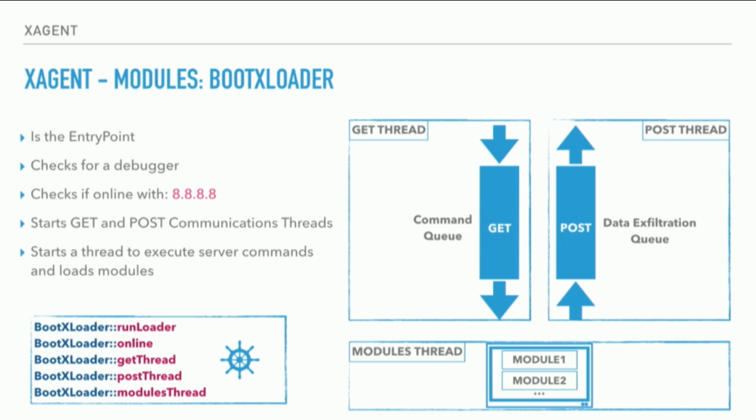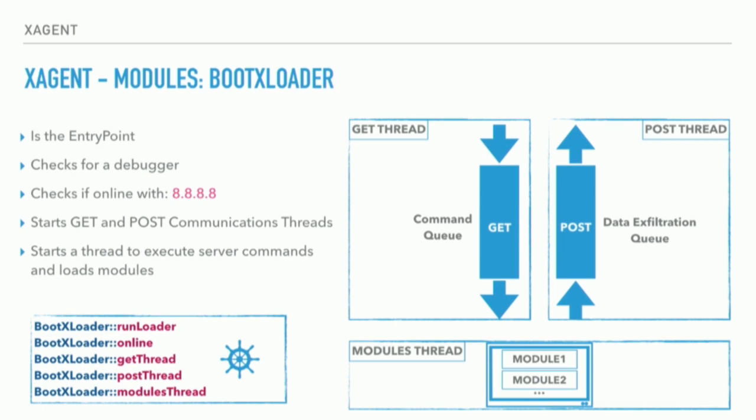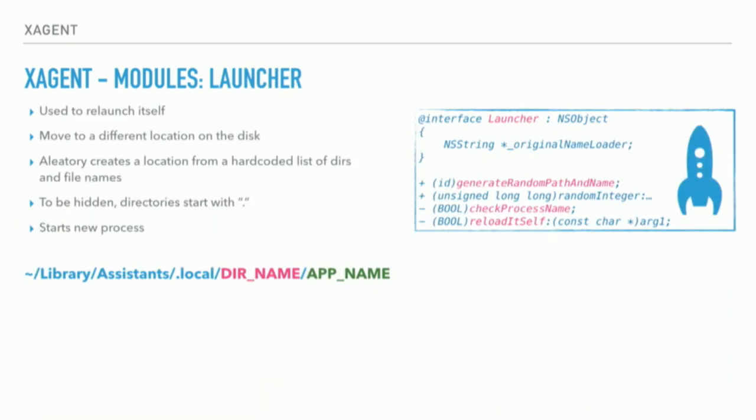A main thread is used for the logic of the backdoor, and it will also load all the other spying modules. Using the launcher module, the malware can relaunch itself.